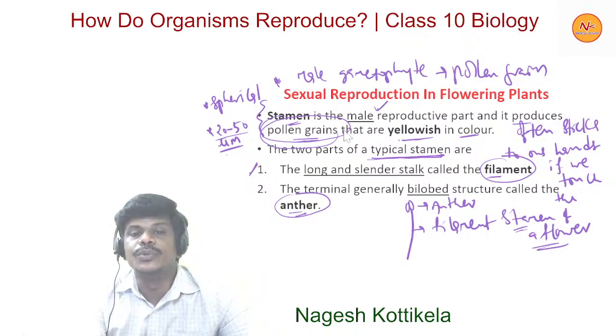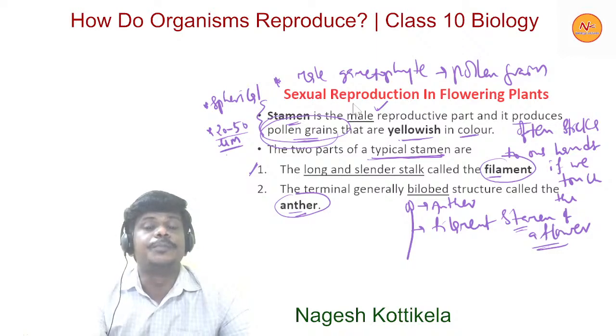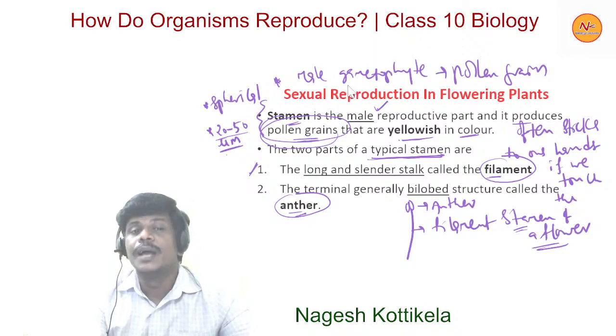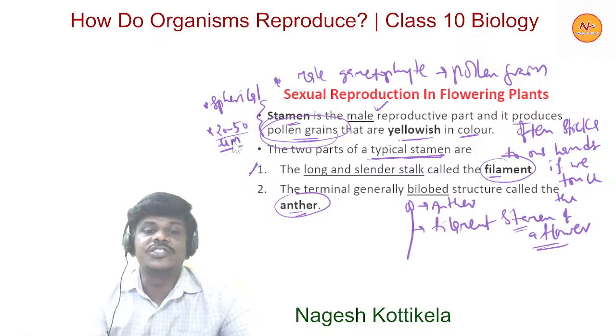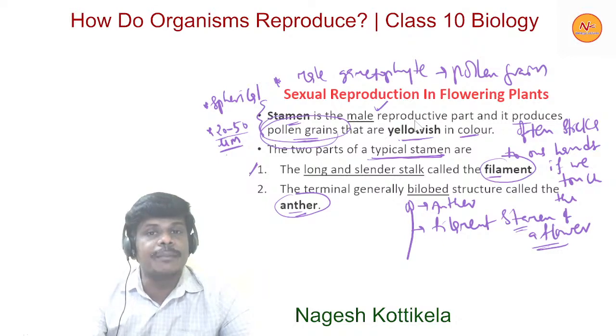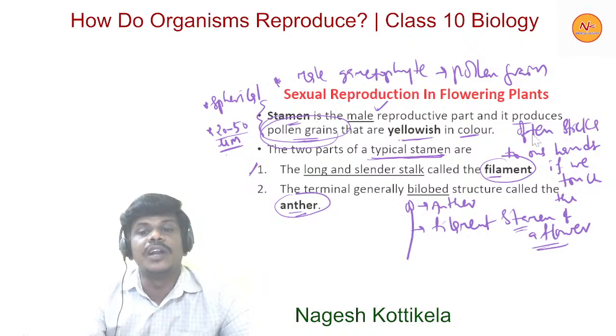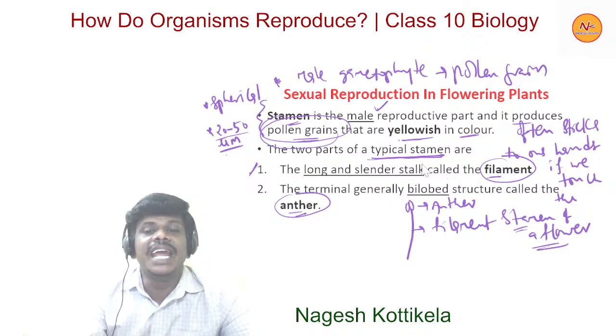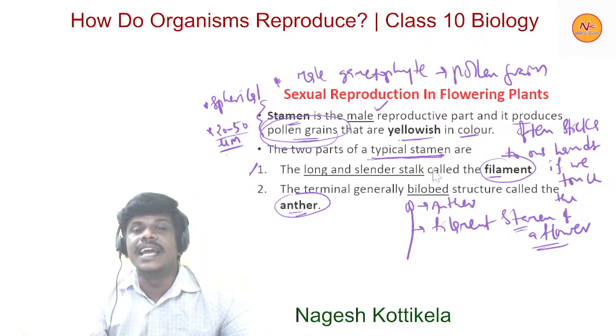They are produced in stamens. So the stamen is the male reproductive part. It produces pollen grains, which represent the male gametophyte. Male gametes are formed here. And when we touch these stamens, the yellow colored pollen grains stick to our hands. So this is about the male reproductive part in a flower.